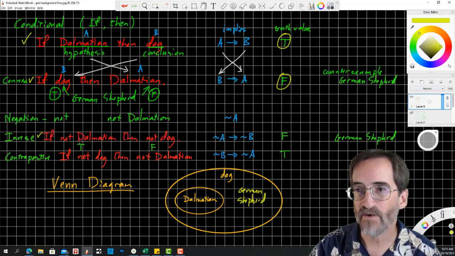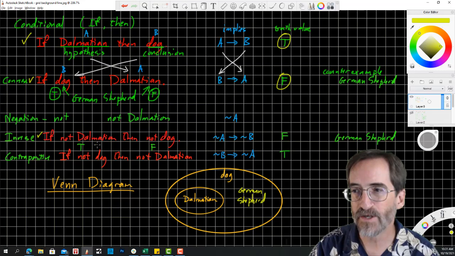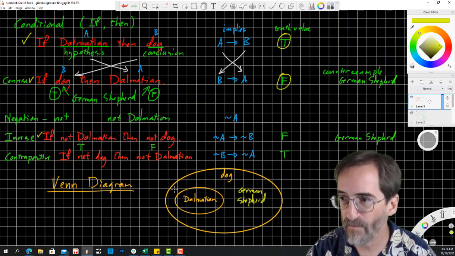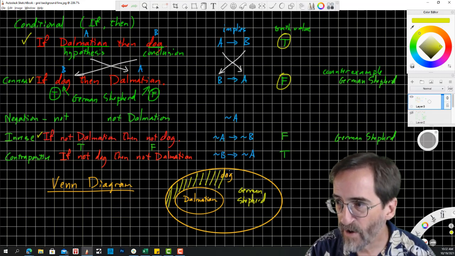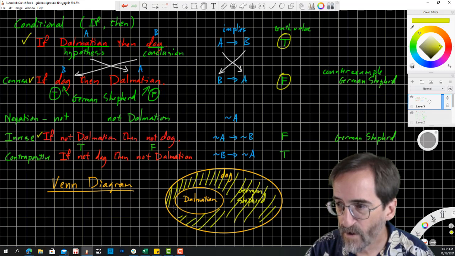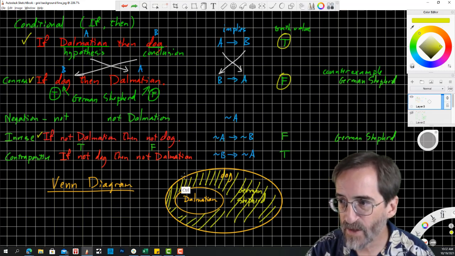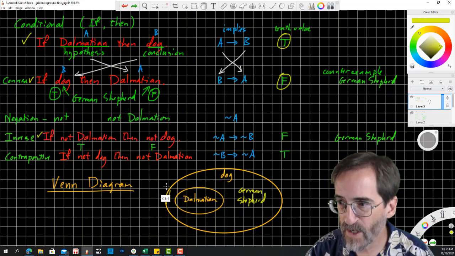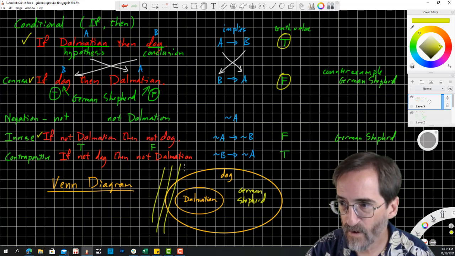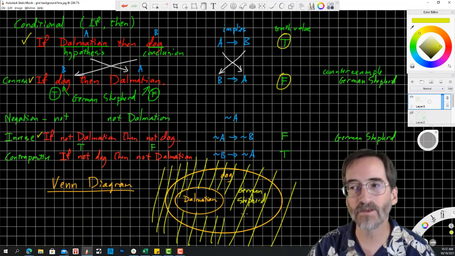Likewise, the inverse. If I'm not a Dalmatian, then I'm not a dog. So if I'm outside the Dalmatian circle, everything that's not a Dalmatian, then I am not in the dog circle.